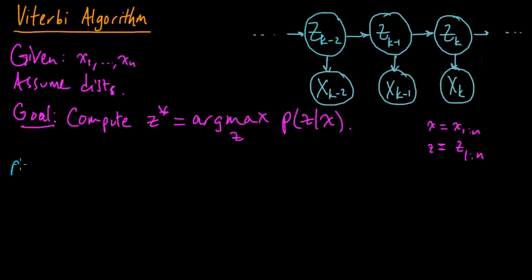So first, let's make a little remark. I want to pull out this observation ahead of time, so we don't have to be distracted by it in the middle of the important part of the computation.